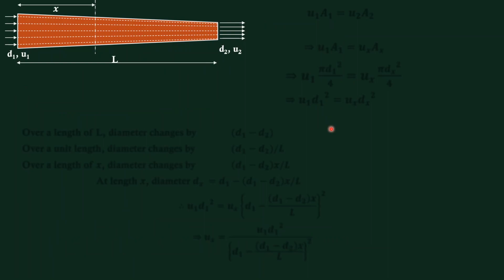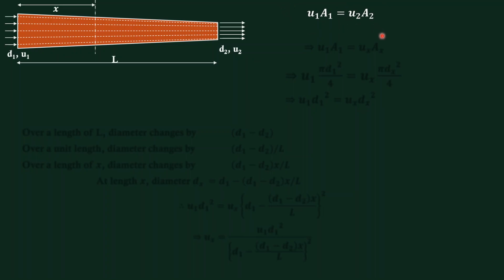To start finding out the velocity field, we need some reference information. That information in this case will be the information about continuity of the flow, that is, the continuity equation. So this is where we can start the solution of the problem. u1A1 equals u2A2.